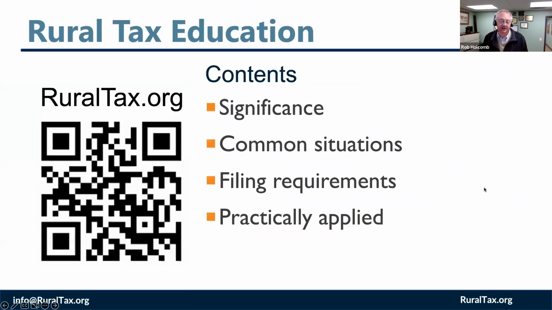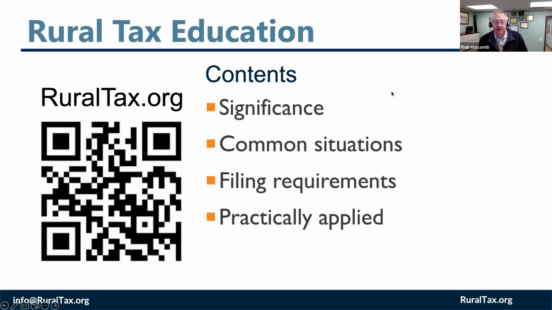This is essentially put together by ruraltax.org. What ruraltax.org is, we maintain a website, but pretty much ruraltax.org is made up of what we affectionately call the Publication 225 Committee. Many of you are going to recognize Publication 225 is the Farmer's Tax Guide.